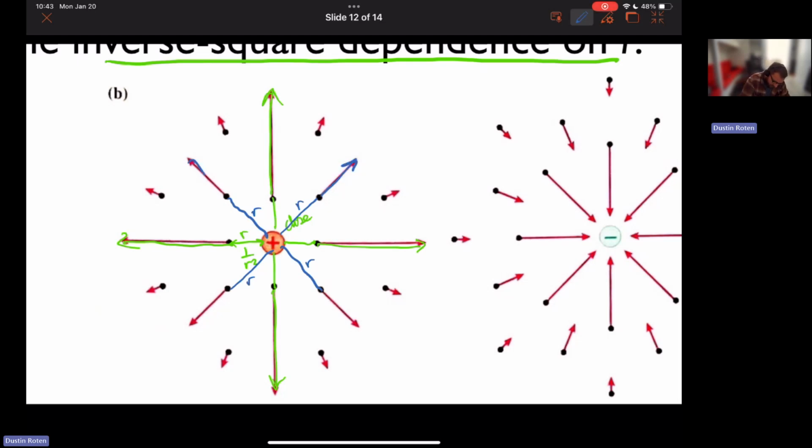So these vectors are a little bit shorter. And then we could move yet even further away. So I won't do all of them, but for example, these. See how far away they are? That means these vectors, because there's that 1 over r squared dependence, these vectors are going to be even shorter.